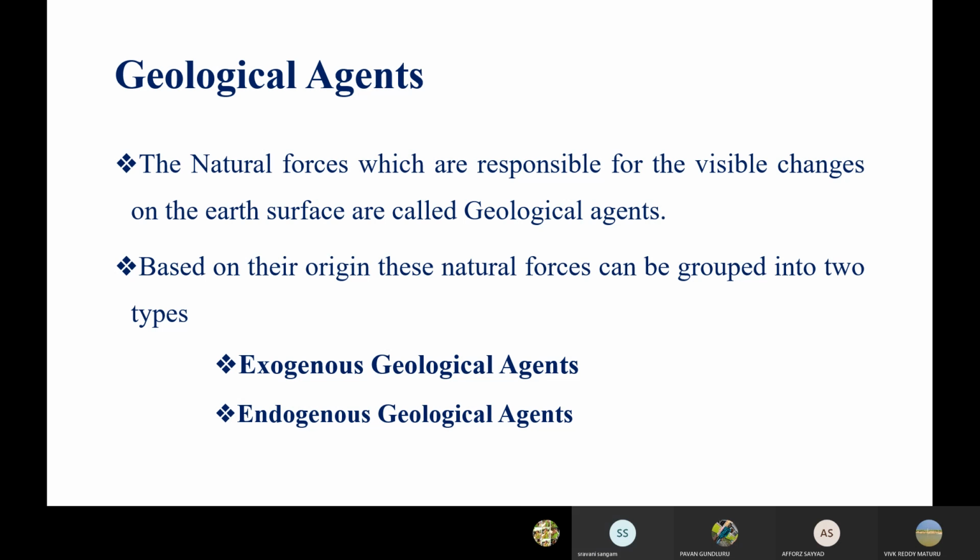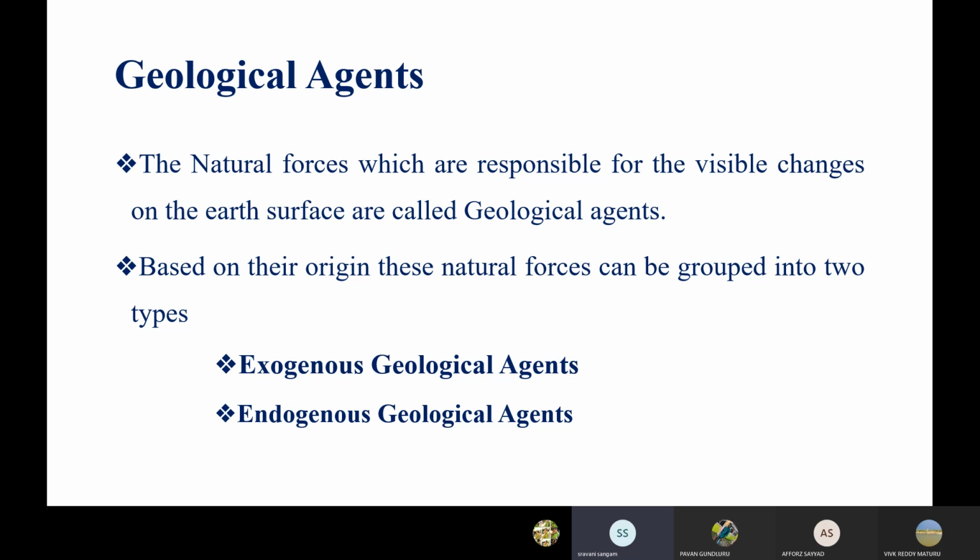This is important for a 2 marks question. What is meant by geological agents, we have to write this point. For examples, rivers, winds, waves, tides come under exogenous geological agents.